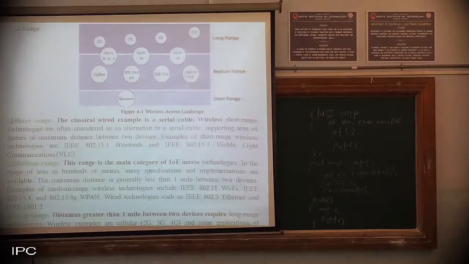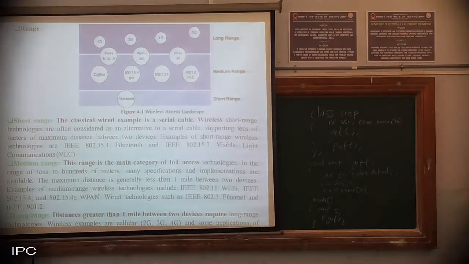But the diagram is shown here. That range: if it is Wi-Fi, how much; different wireless technologies such as Bluetooth, Zigbee, Wi-Fi, different Wi-Fi technologies like 802.11 b/g/n, ac, IEEE 802.15.4g or IEEE 802.15.4 wireless technology, and IEEE 1901.2 PLC.